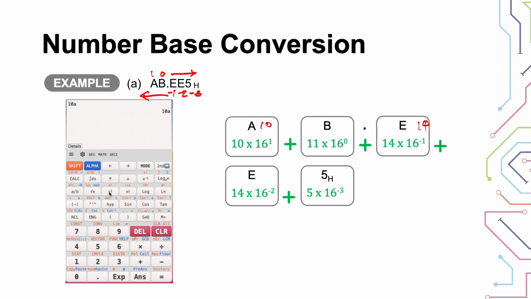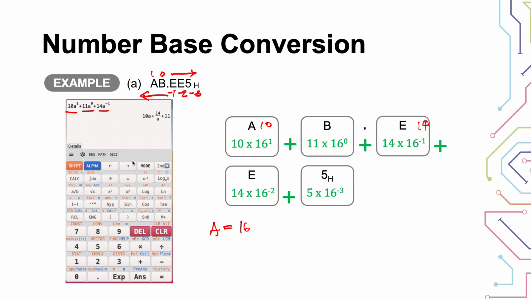And then I will designate A as equivalent to 16 later, so that the input is done in one go. So my arrangement here is 10A raised to 1, and then 10 raised to 0, then 14A raised to negative 1.